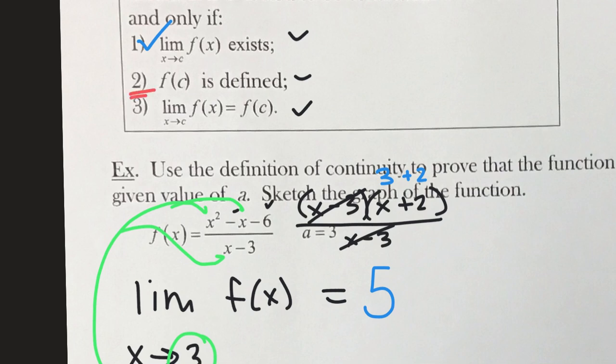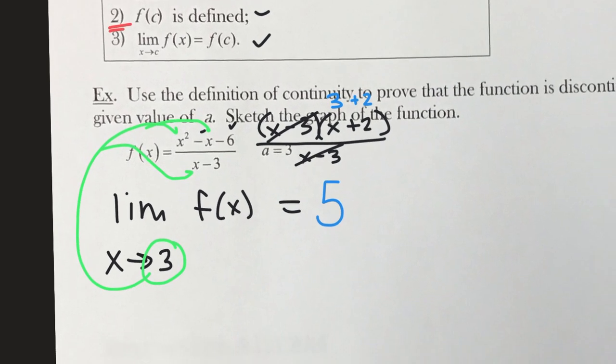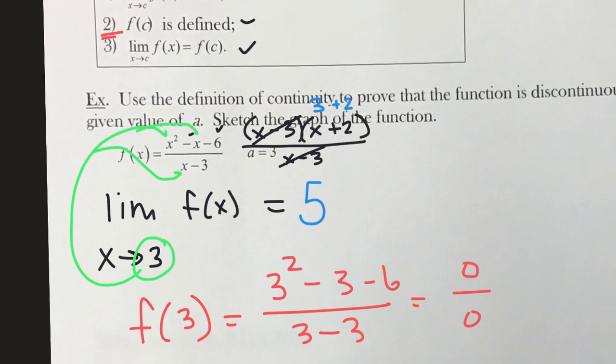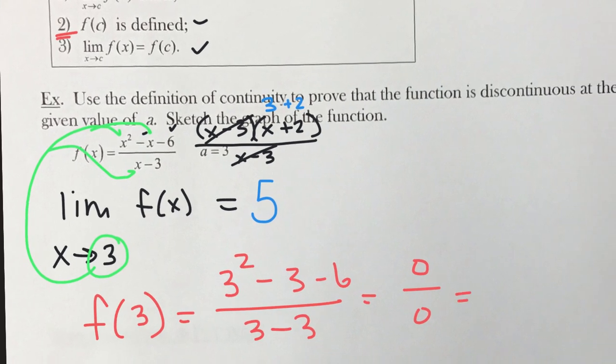Let's test number 2. F of C is defined. So what do I get when I plug positive 3 into my equation? I get 0 divided by 0, which is a special type of undefined, right? I didn't get 5.